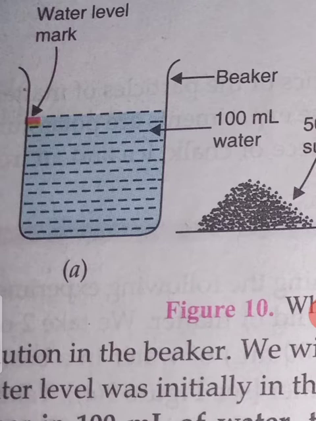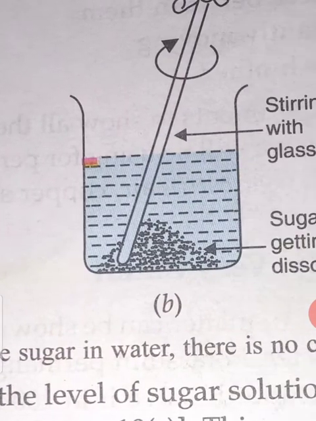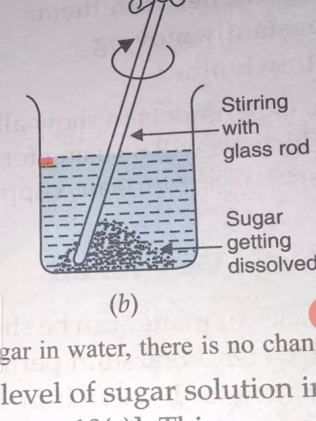When sugar is dissolved in water, its crystals separate into very fine particles. These particles of sugar go into the spaces between the particles of water, due to which there is no change in the volume of water on dissolving sugar in it.